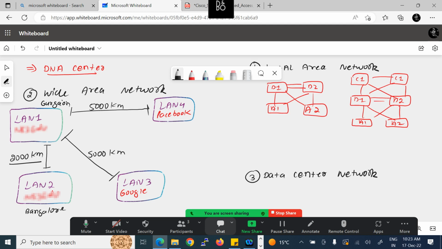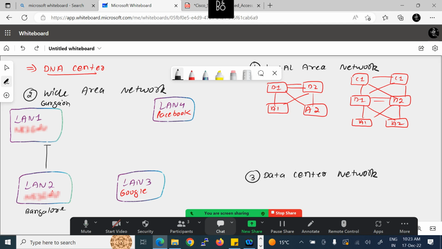So I have two options. Either I have my own network which takes my data from one location to the other, which is not possible. That's why we have something known as service providers.